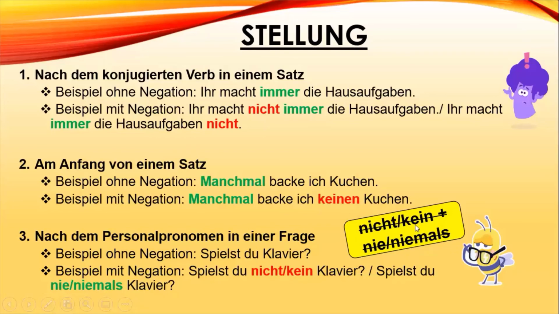And if you use kein in a German sentence or question, it cannot come together with nie or niemals. So you will never ask, do you not never play the piano? Or do you not never go shopping, etc. So this is grammatically wrong in both English and German languages.